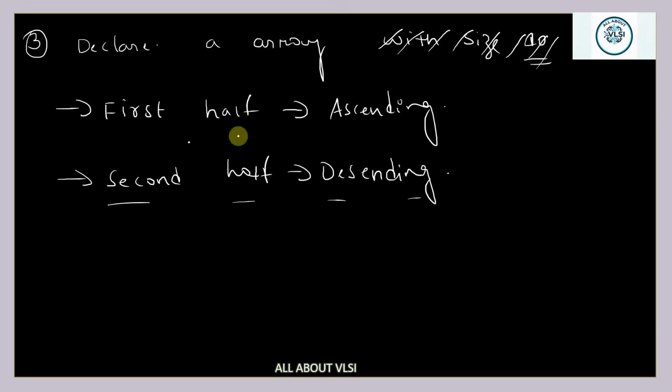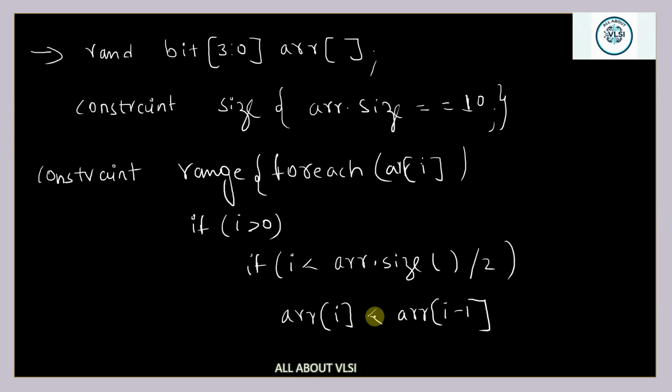So what they have asked, first half is ascending, right? Ascending means your present value should be greater than the previous value. So that means greater than. Else you need to write down arr of i less than arr of i minus 1. So this is what you are going to have. Is it clear, guys?